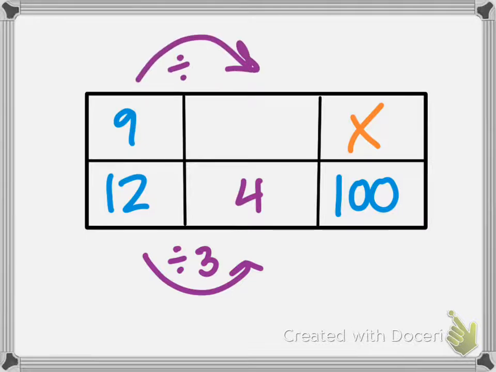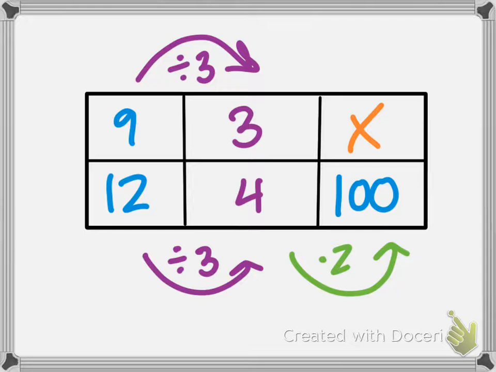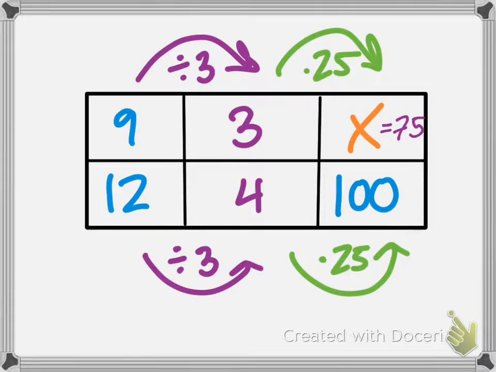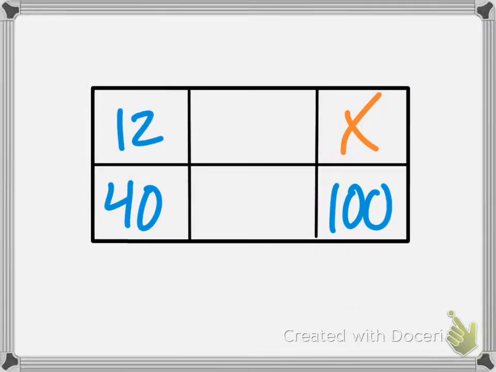So we do the same here. I'm going to divide by 3, and I get 3. Now I have to get from 4 to 100. Same thing as last time, times 25. And I get my x again to be 75%. So I get 75%. What about this one?